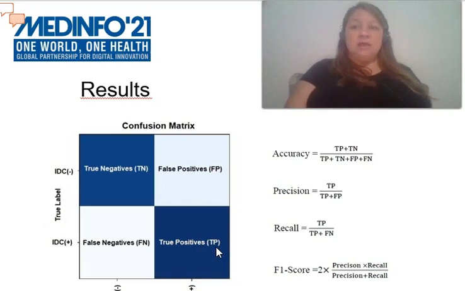For example, the actual class is positive, and the model classifies it as positive. False positive means a wrong classification of the positive class. For example, the actual class is negative and the model rated it as positive. False negative means a wrong classification of the negative class. For example, the actual class is positive and the model rated it as negative.